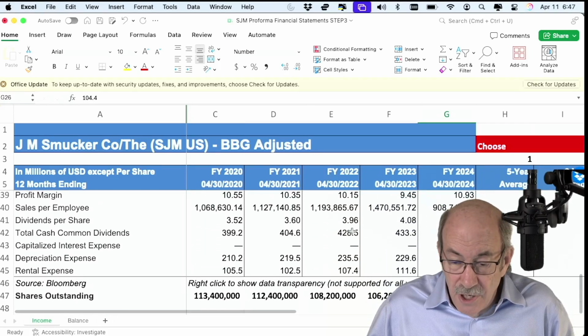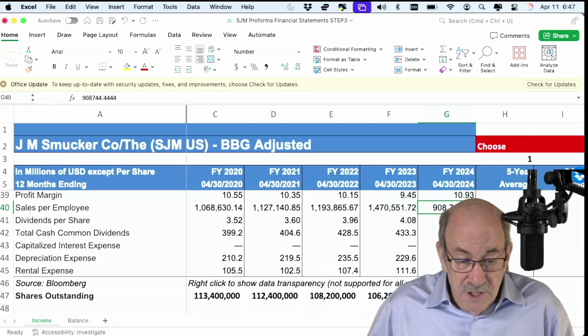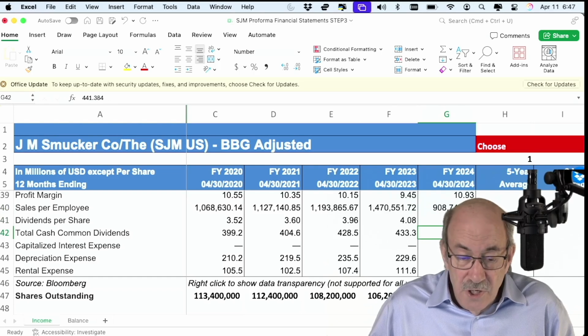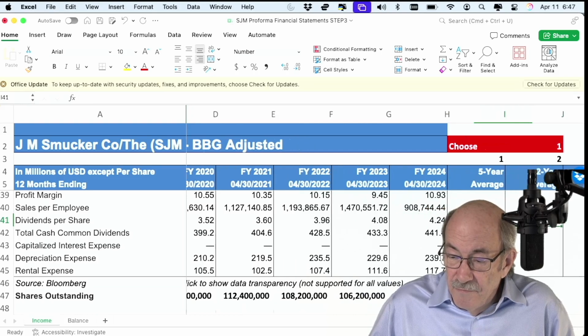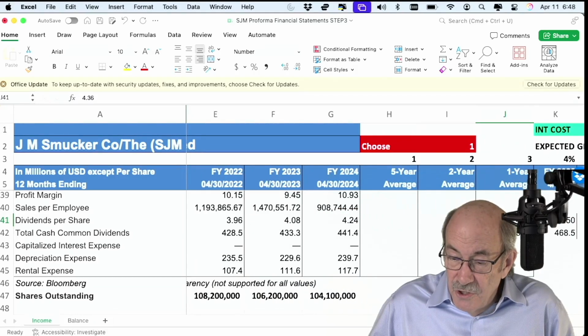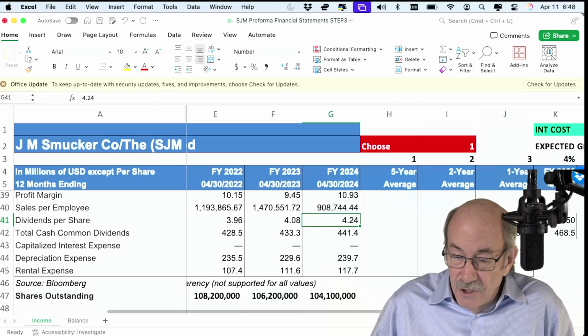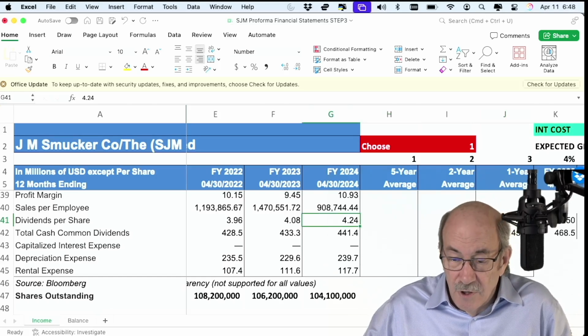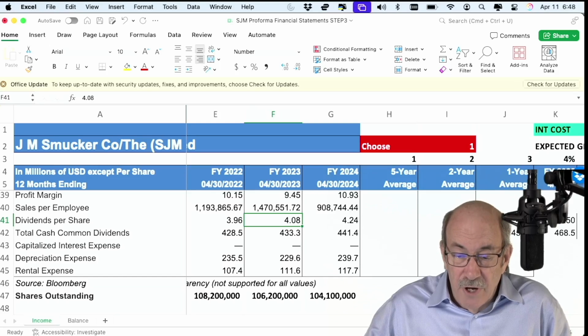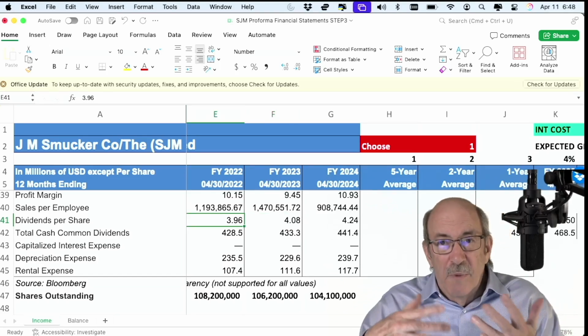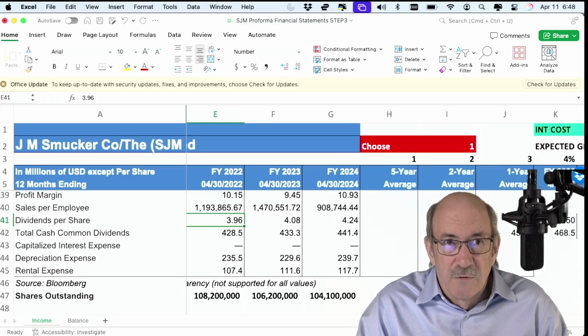We also know total cash dividends. We know dividends per share. And so what we can do is say, what is our next dividend going to be? If the current one was $4.24 and the prior one was $4.08 and the one prior to that was $3.96 per share, remember what we said about dividends when we talked about that.